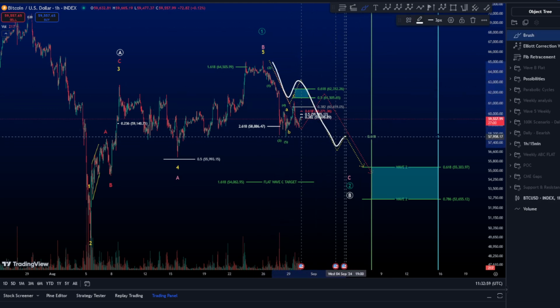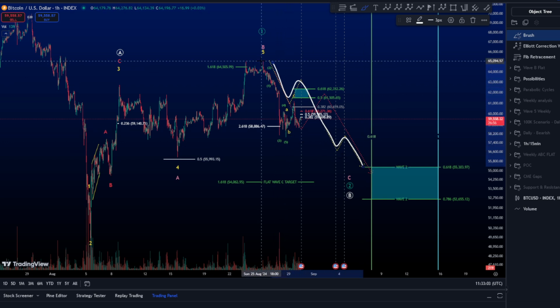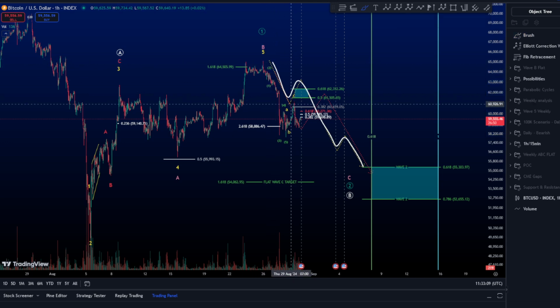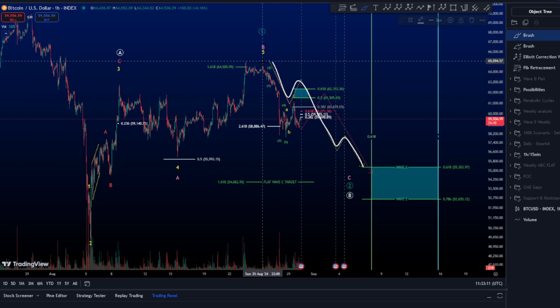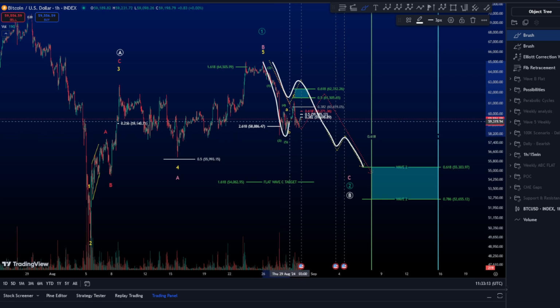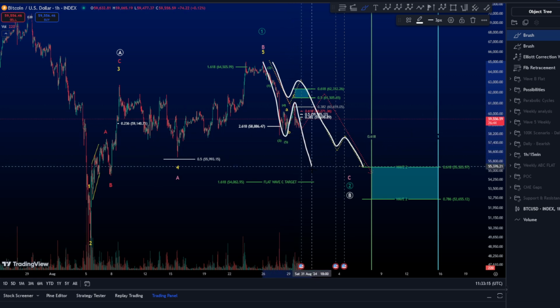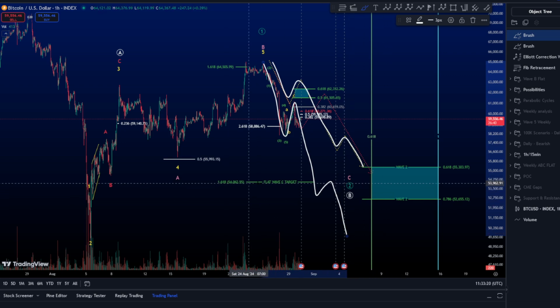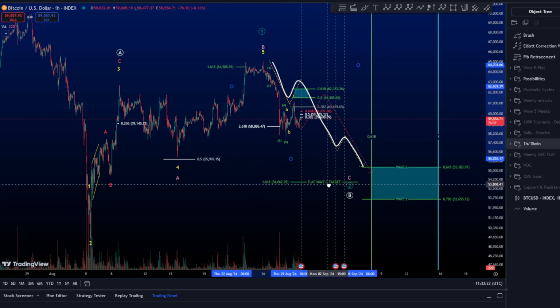It was an impulse, but why did I change it to a diagonal now? Because this impulse is huge for a wave 1. If you have 1, 2, 3, 4, 5, this impulse is very big for a wave 1 to go with a 3, 4 and 5, hitting only the target of a flat C, which is over there.